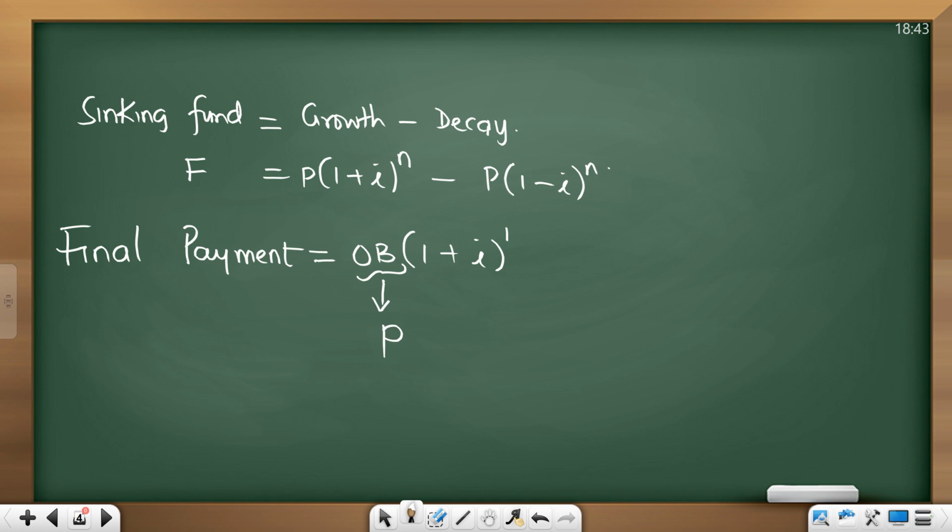Why are we saying 1 plus i to the power of 1? If I'm paying and I go to the bank at the end of December, I go to the bank and I tell them, then probably go home excited.